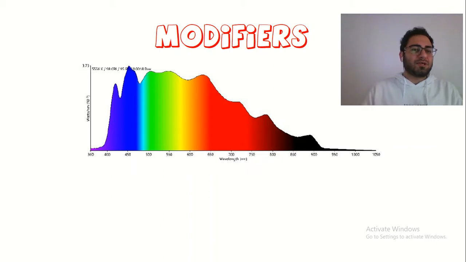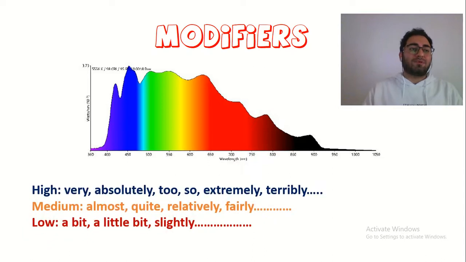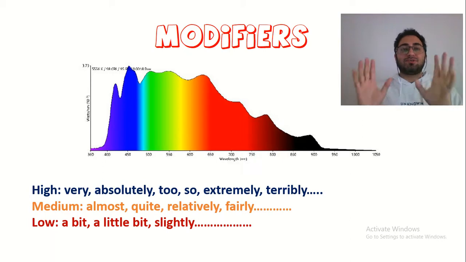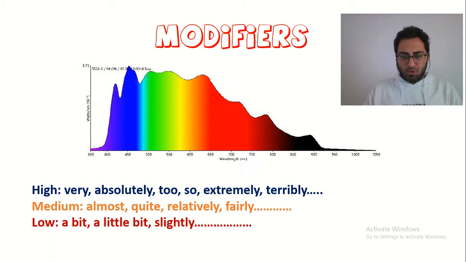Ali, can you tell me? Right, three types. In this region, we have high intensity modifiers like very, absolutely, too, so, extremely, and terribly, and many more besides.